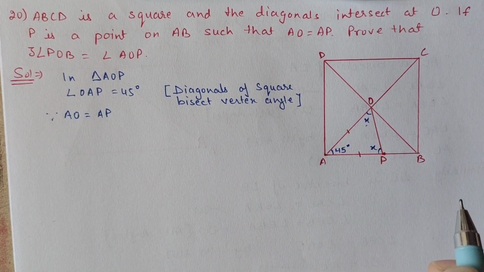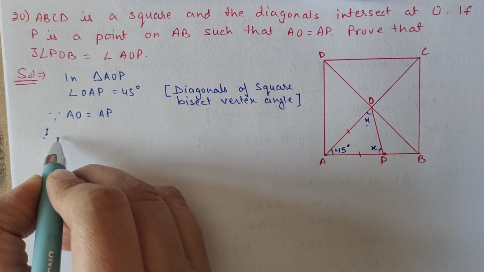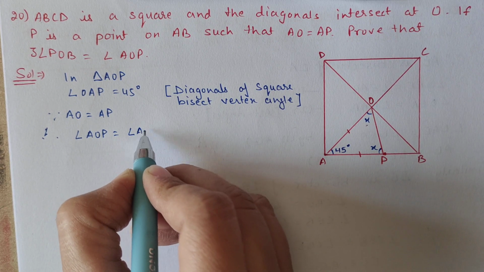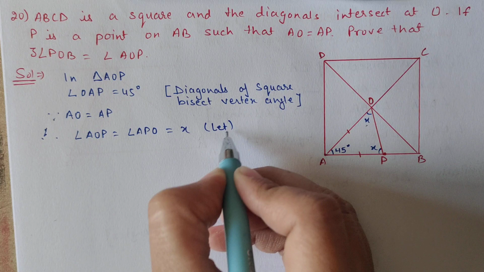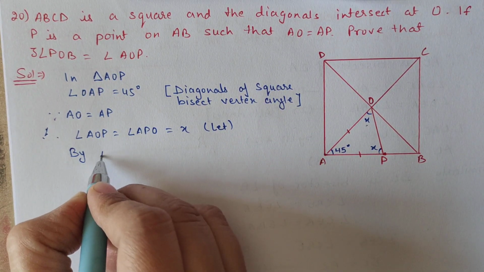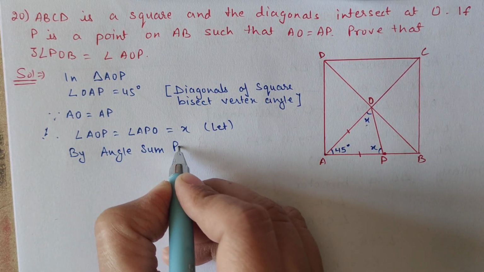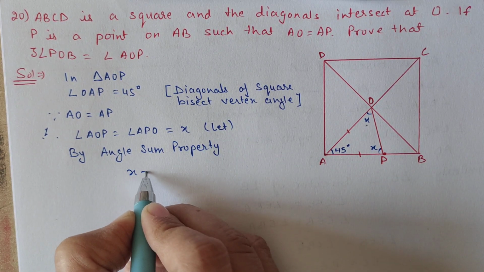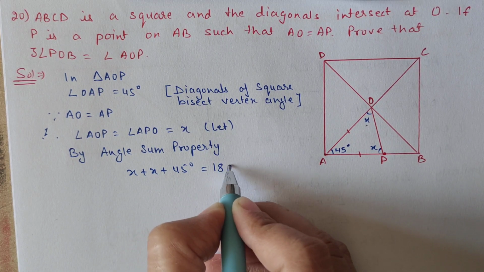Let it be X. Therefore angle AOP is equal to angle APO, equal to X. Now if we use angle sum property in this triangle, we will get X plus X plus 45 is equal to 180 degree.